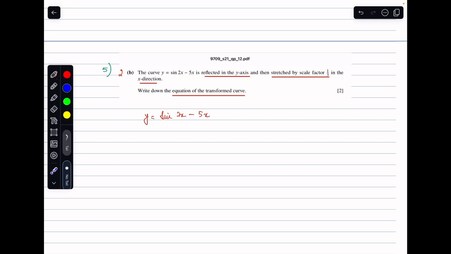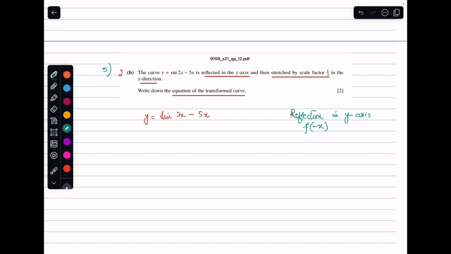So this curve needs to get transformed in 2 steps. Number 1, it's the reflection in the y-axis, and then it's the stretch by scale factor 1 by 3 in the x direction. We should know that reflection in the y-axis is always given as f of minus x.